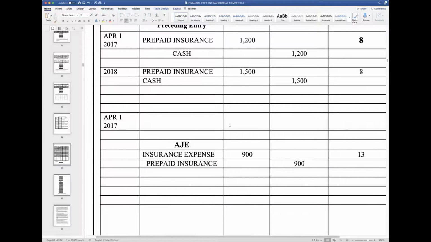Because I didn't see the months that I have to count. So how much you going to pay in 2018 for insurance? You're gonna pay 15, but you're gonna pay $125 a month. So we need to make the same entry again: debit insurance expense, and credit prepaid.